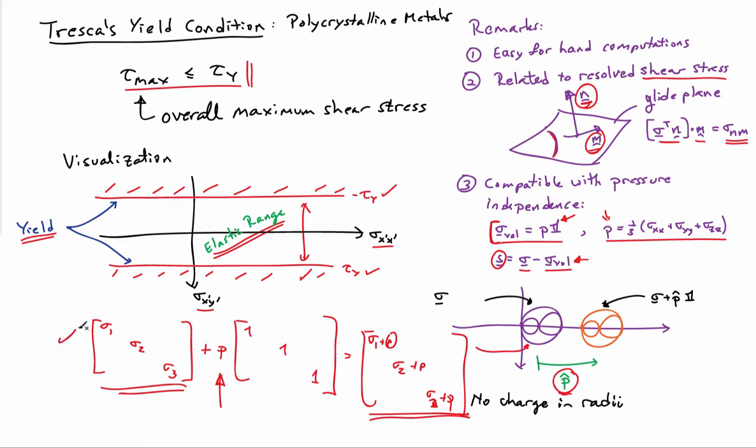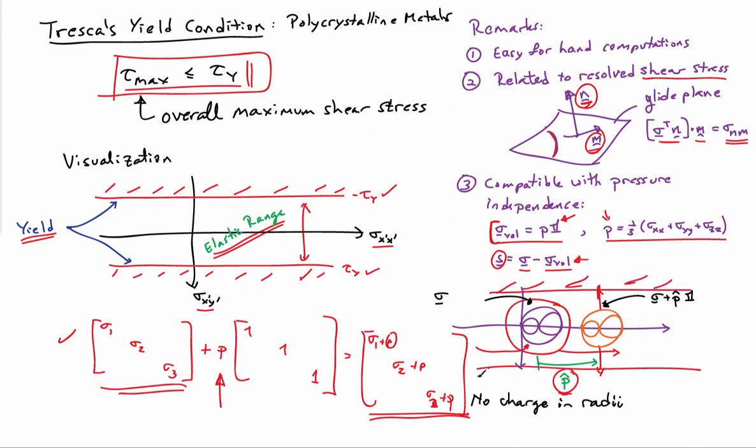And the Tresca criteria here is completely compatible with that notion, because if I add hydrostatic pressure to any state of stress, it's just simply going to translate the Mohr circles horizontally here. It will not grow their radii in any way, shape, or form, and thus there's no additional propensity of the material to reach the yield limits, which are these horizontal lines at tau y and minus tau y.